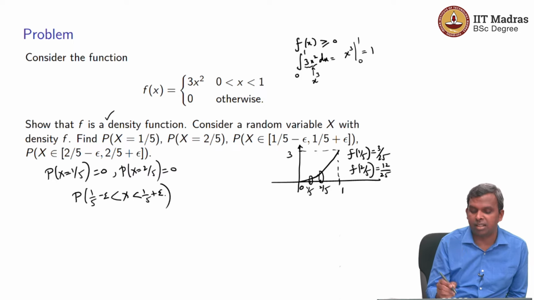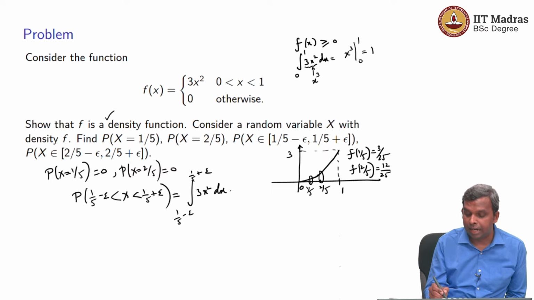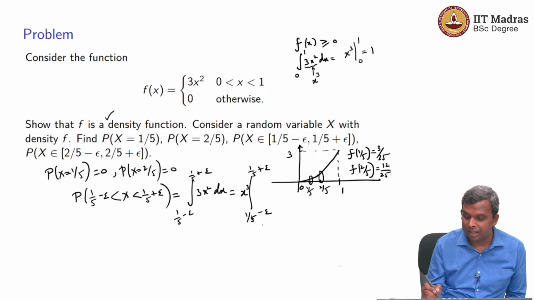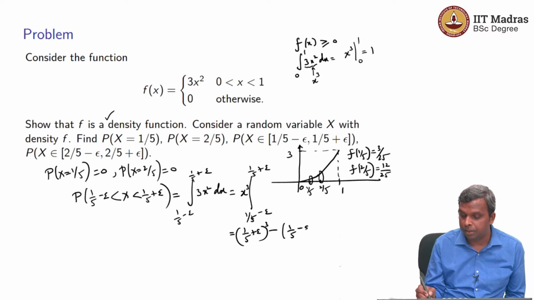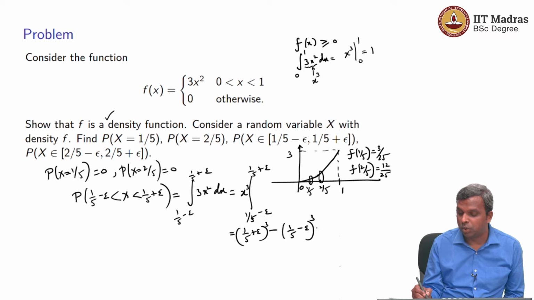I have to integrate 3x squared. So remember that I have to integrate my density between 1 by 5 minus epsilon and 1 by 5 plus epsilon, and that is x cubed evaluated between 1 by 5 minus epsilon and 1 by 5 plus epsilon. If you do this you will get (1 by 5 plus epsilon) whole cubed minus (1 by 5 minus epsilon) whole cubed. You can do this calculation.